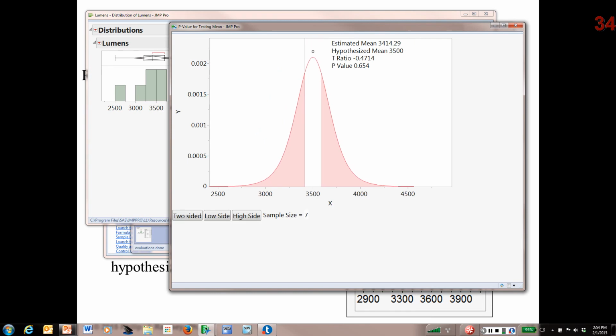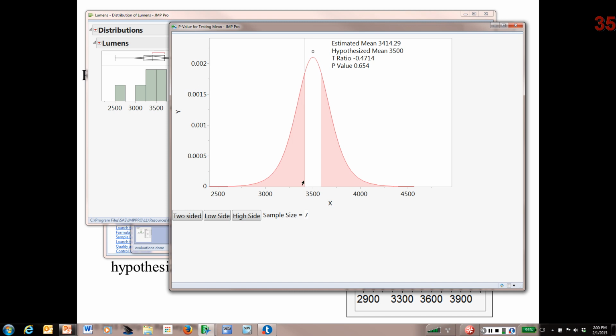Okay. Again, this is exactly the same scenario we were just looking at. Theoretical mean is 3,500, so we center our student t-curve at 3,500. The vertical line to the left is 3,414.3. And because this is a two-sided test, under the alternative, I said the mean could be less than 3,500 or greater than 3,500, we actually look at both sides of the distribution below 3,500 and above.